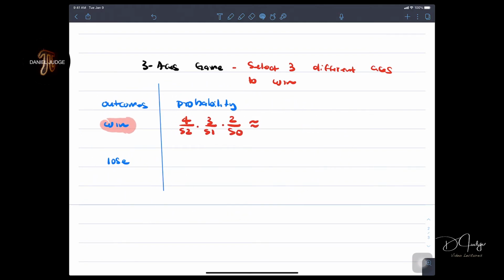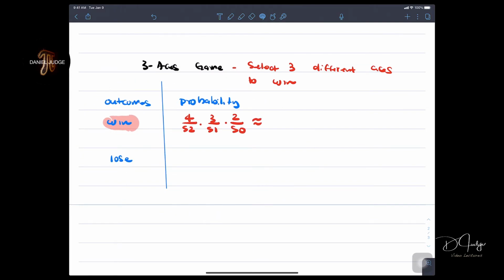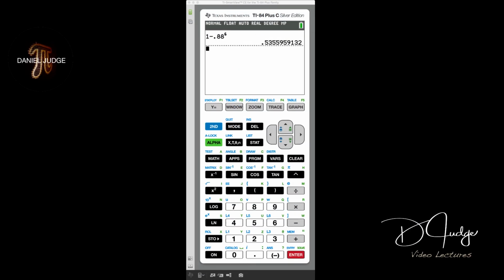So we go back and you go, okay, this is the 3 Aces game. We need that probability, and we'll find out what that is. And of course, we're going to have to approximate. So this becomes 4 times 3 times 2, close this, divided by 52 times 51 times 50. And what you see here is an answer in scientific notation.